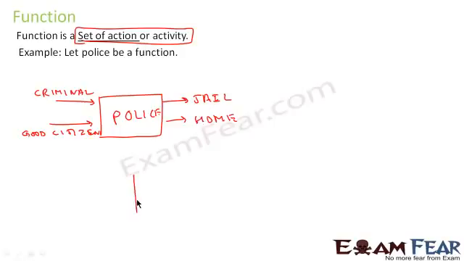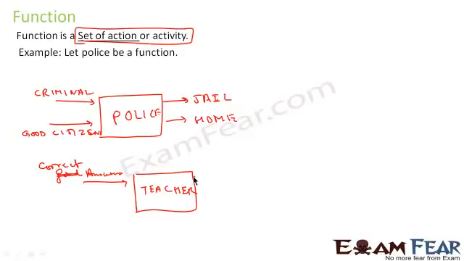Similarly, let's take one more example which is relevant to you because you are not interacting with police much. Let's suppose we have a teacher. Teacher is a function. In the exam, if you give a good answer, or a correct answer, the teacher gives you a good score.